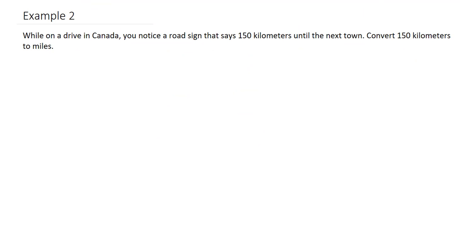Example 2. While on a drive in Canada, you notice a road sign that says 150 kilometers until the next town. Convert 150 kilometers to miles to put that in perspective if you're used to miles. So we're starting with 150 kilometers, and we need to get to miles.